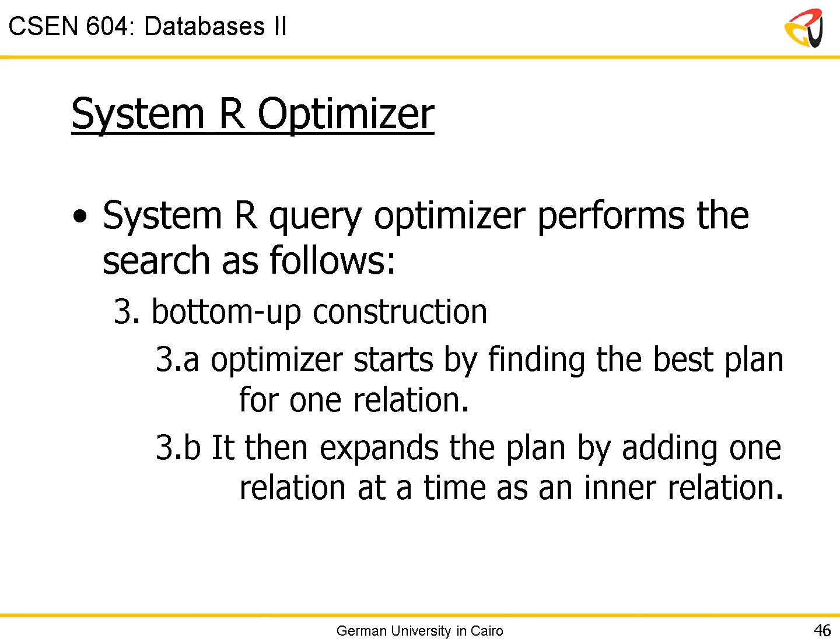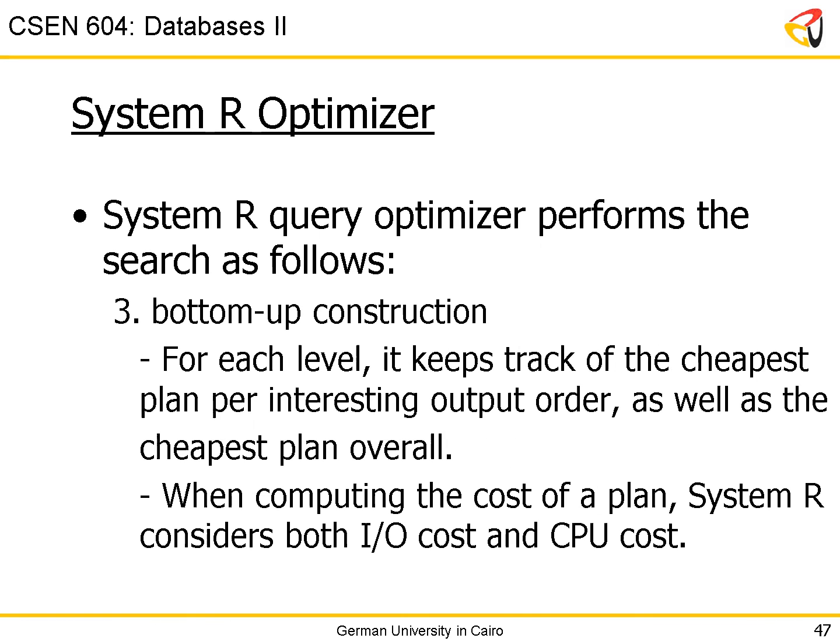It then expands the plan by adding one relation at a time as an inner relation. For each level it keeps track of the cheapest plan per interesting output order as well as the cheapest plan overall. When computing the cost of a plan, System R considers both I/O cost and CPU cost.